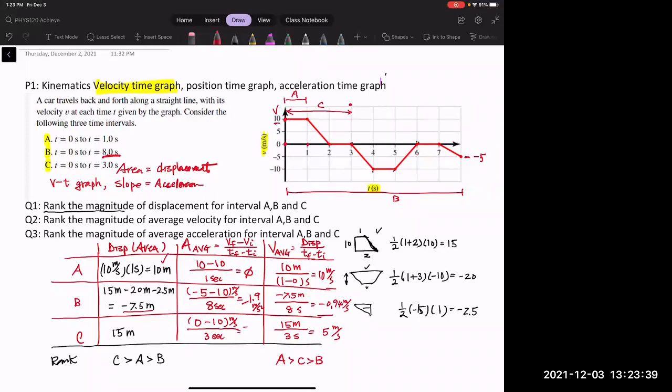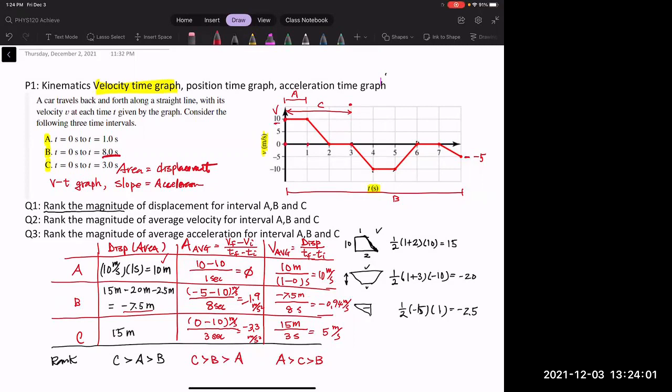So that will be negative 3.3 meters per second squared. Again, if we only look at the magnitude, we don't care about the sign. In this case, it's C greater than B greater than A. And that is the answer for this one.